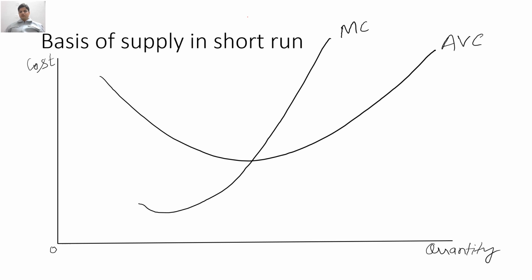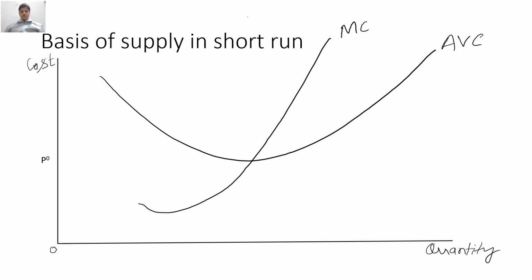Average variable cost is the variable cost per unit of output. So average variable cost is, on an average, how much we need to spend on variable resources per unit of production, and this marginal cost curve intersects the average variable cost at its minimum.